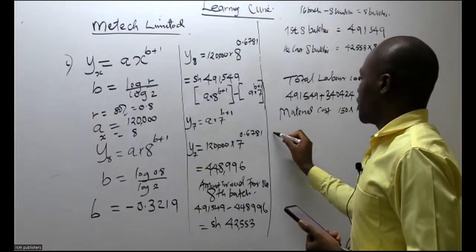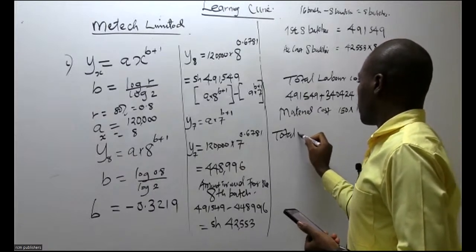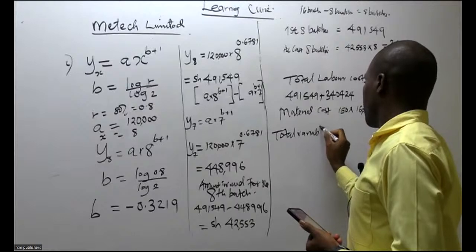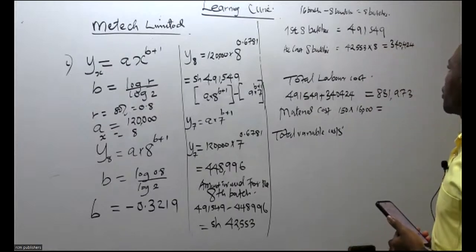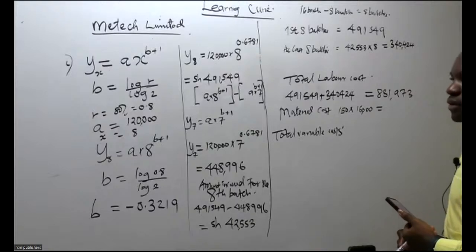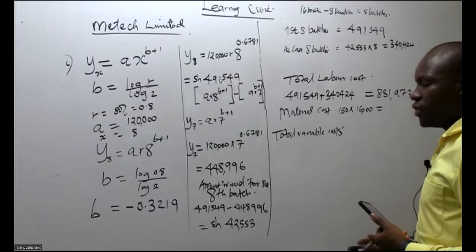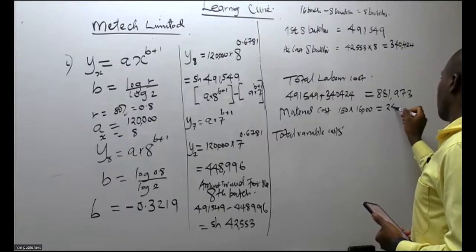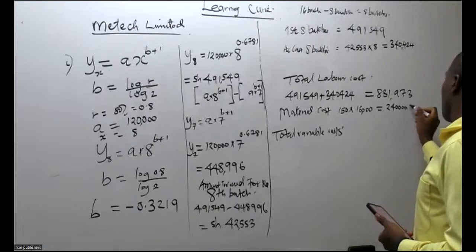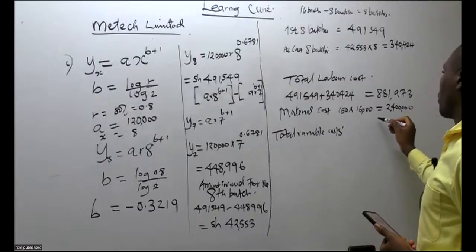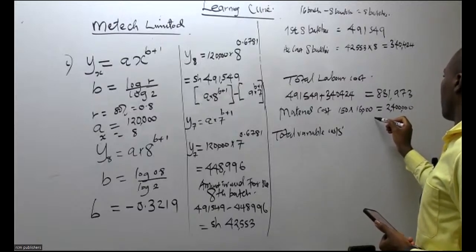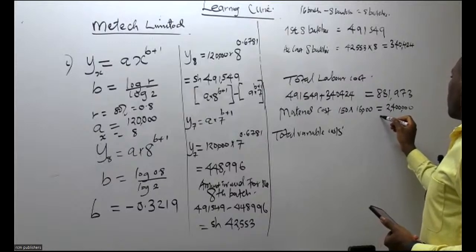Total material cost, then we get total variable costs. Total material costs, what will we have? 2,400,000. That is our total material cost. So if you add everything, what will you have? Is it 3 million?